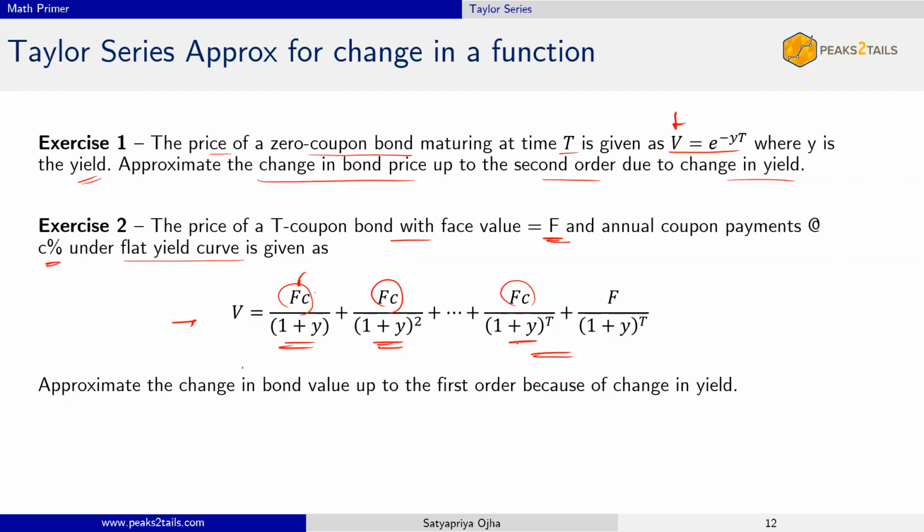This is the last coupon, and then you also get the principal back that gets discounted by 1 plus y to the power t. If this is the function, approximate the change in bond value up to the first order because of change in yield. Second order you can also do, but it'll be messy, so let's not do that. I leave it as an exercise for you.